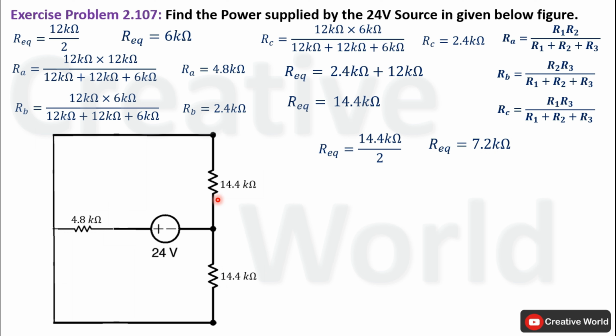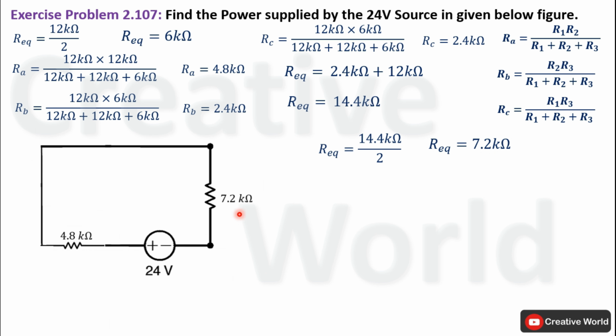Modify the network by replacing these two resistances with a single resistance having the value of 7.2 kilo ohm. At this stage, this circuit is converted into a simple series network. We can find their equivalent resistance by adding the values of both resistances together. Their equivalent resistance will be the sum of both resistances, that will become 12 kilo ohm.